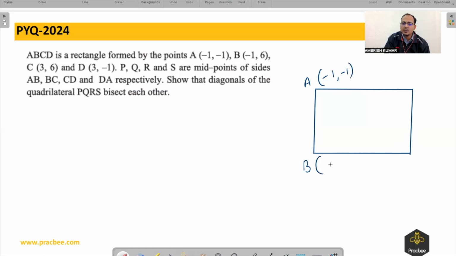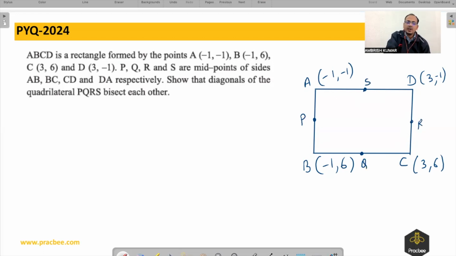B is (-1, 6). C is (3, 6). And the point D is given as (3, -1). Now P, Q, R, and S are the midpoints of these four sides. So just mark the midpoints P, Q, R, and S.